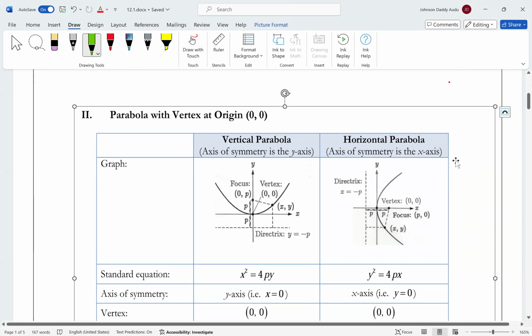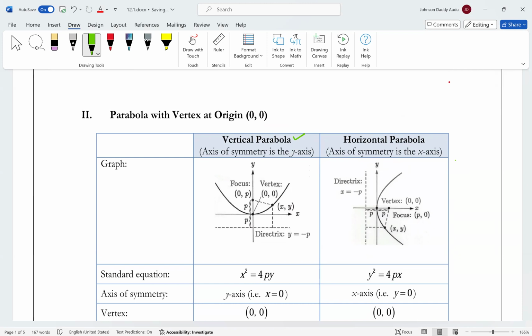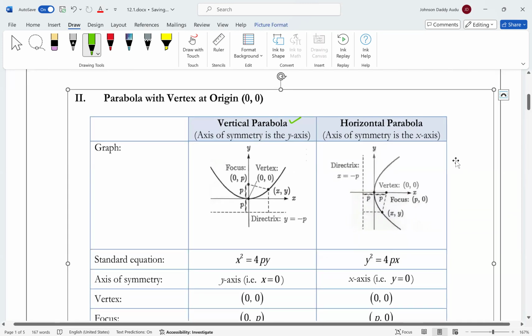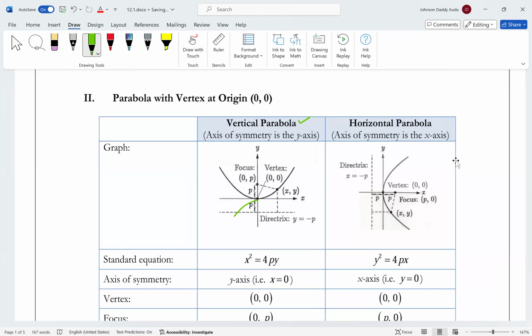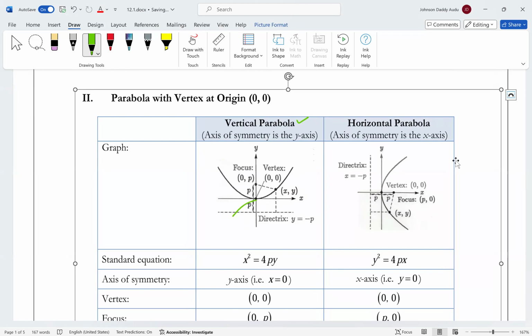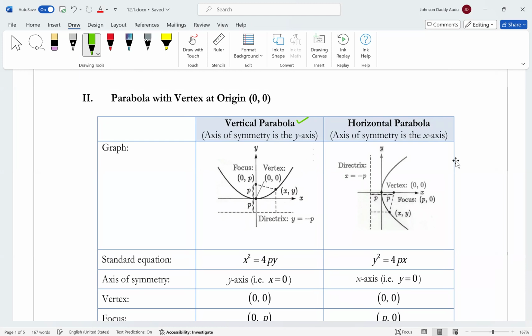We have what we call the vertical parabola, and then we have what we call the horizontal parabola. A typical example of a vertical parabola is this one. You see, this is open up. We can also have open down, which will depend on the value of p, which we will discuss shortly.